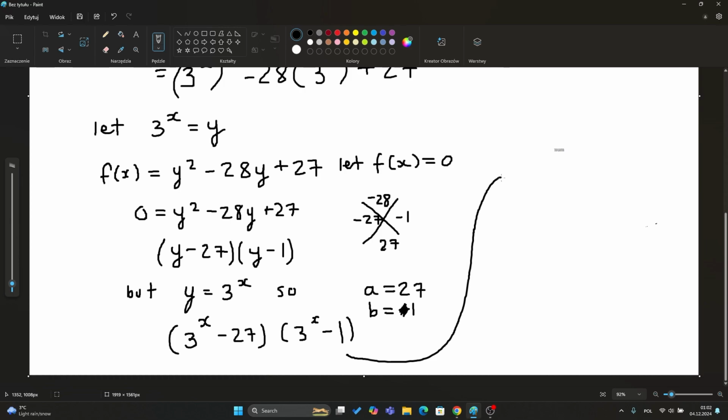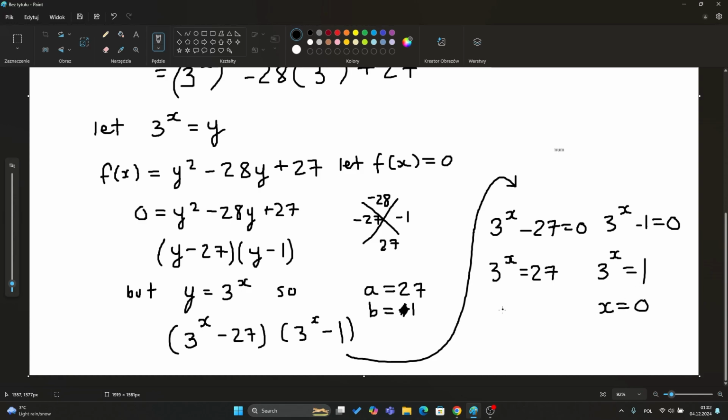So what we would do here is that the two products are set equal to 0, and 3 to the power of x is 27 and 3 to the power of x is 1. So in here x is equal to 3 and here x equals 0.